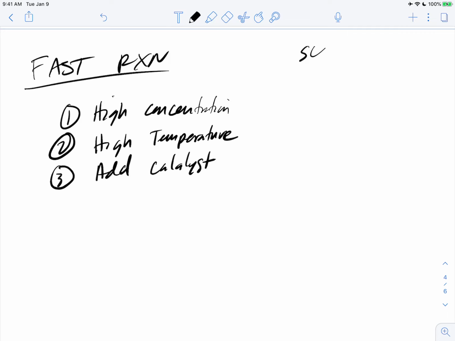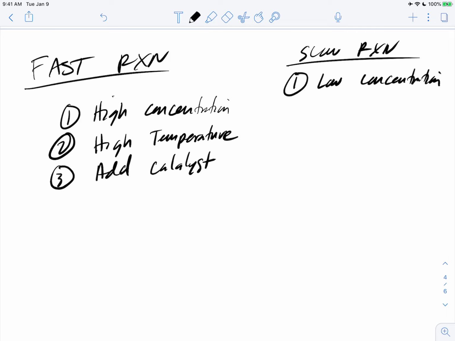If you want a slow reaction, if you don't want a reaction to happen at all, or you want it to happen really slowly, then you're going to have the opposite of all these. You want to have low concentration. You want to have a low temperature. And you want to have no catalyst.